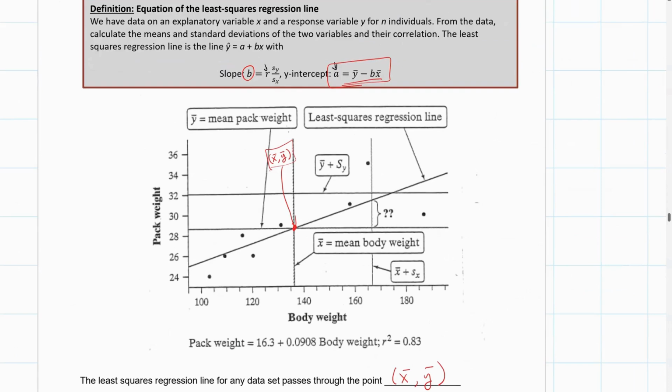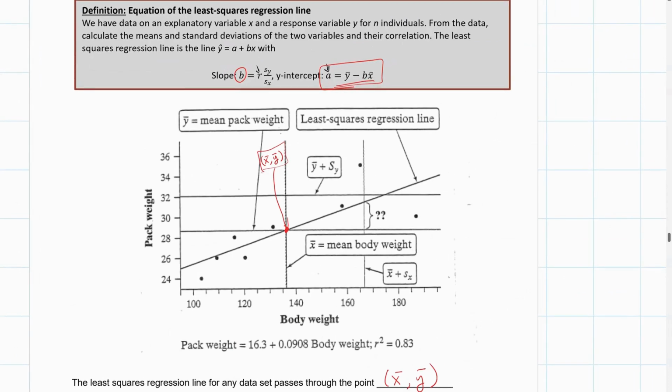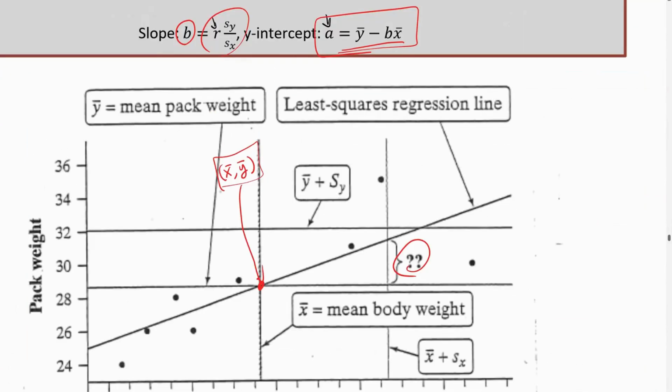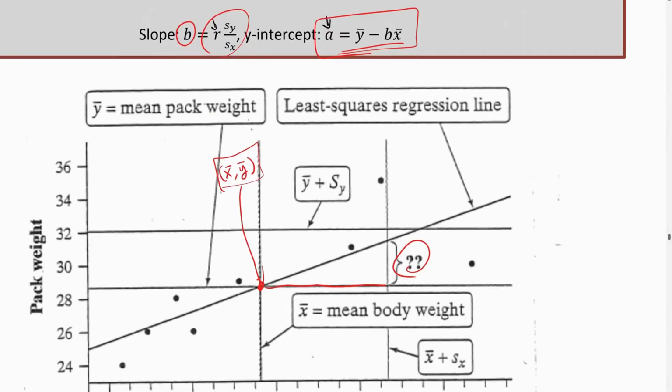Now, the other thing that's going on here is that the slope has, again, this calculation, which means if we think of this as rise and run, if I move one standard deviation in the x direction, then the rise in the predicted line is exactly r times the standard deviation of the y data.